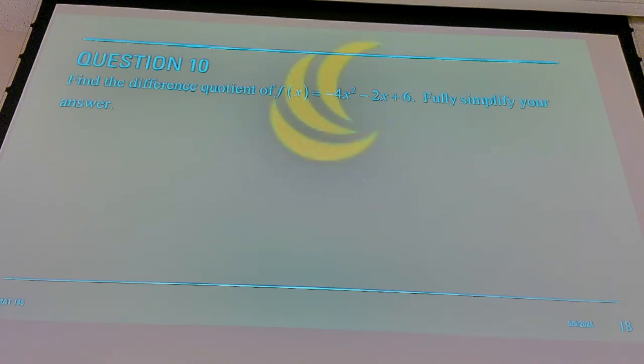For this one, I'm going to break it down into steps. And then I'll let you choose whichever route you want to go, whether you want to do it all at once or try and break it down into steps. So first, evaluate and fully simplify f of x plus h.